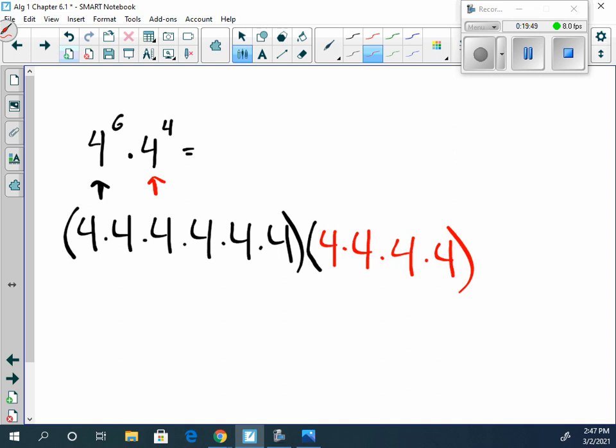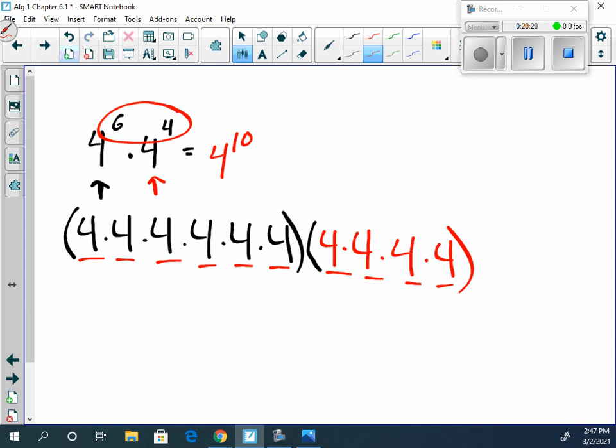Okay? And they're all being multiplied together, yes? Well, how many times do I have 4? 1, 2, 3, 4, 5, 6, 7, 8, 9, 10. Wait a minute. 6 plus 4 is 10. When the bases are the same, those bottom numbers are the same, and we're multiplying, we can add the exponents.